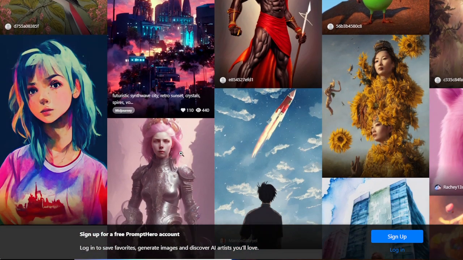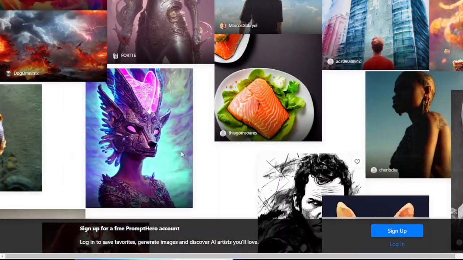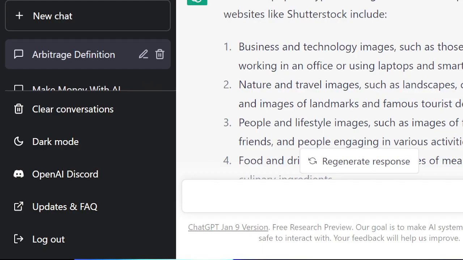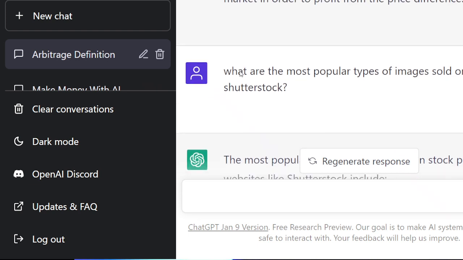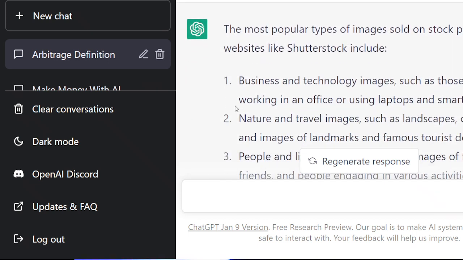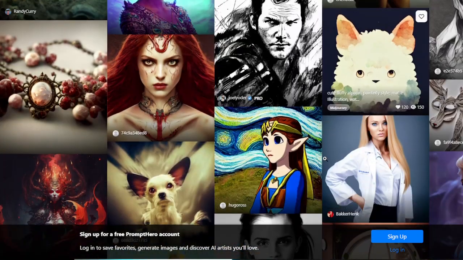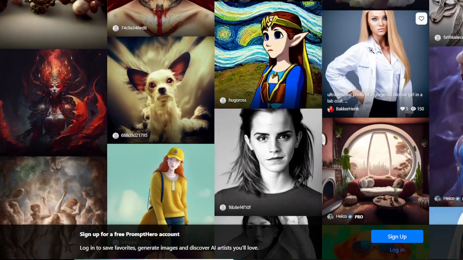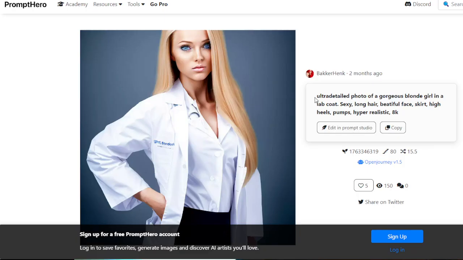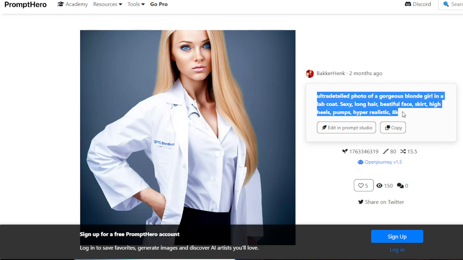You'll be going through looking for those types of images. So business and technology images, people working in offices. So what I recommend is going through some of these prompts and seeing what can kind of match that. People working in offices. Here's one, right? So here's one of a woman working in an office.